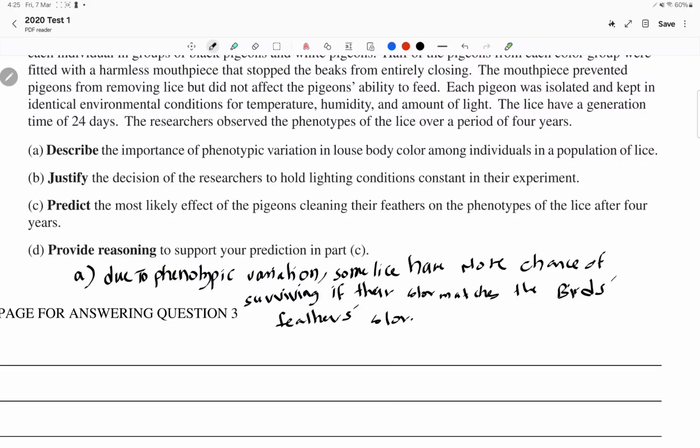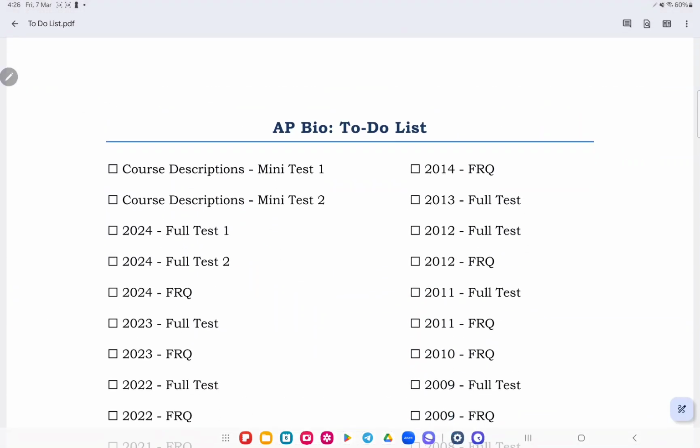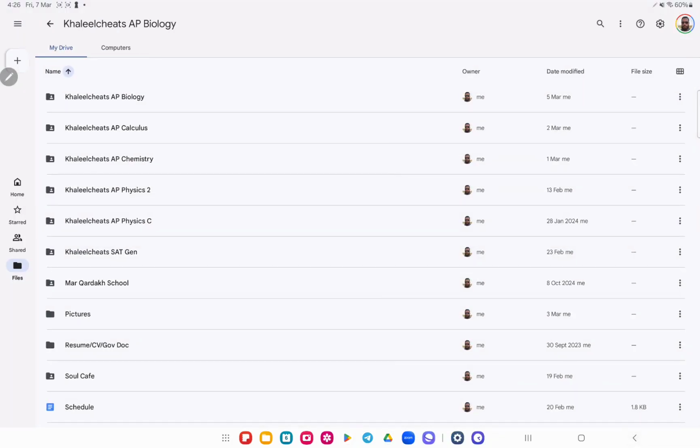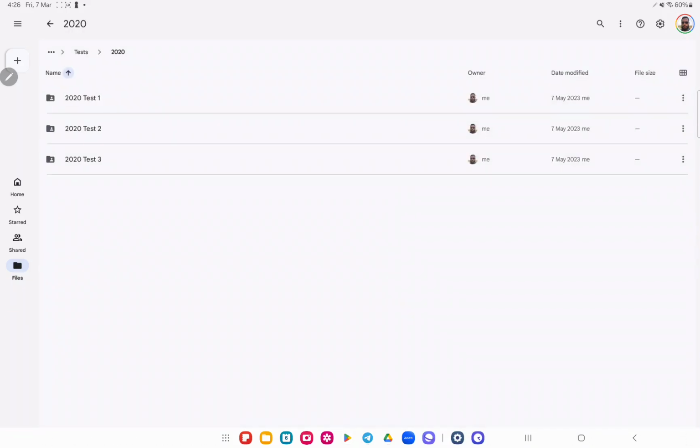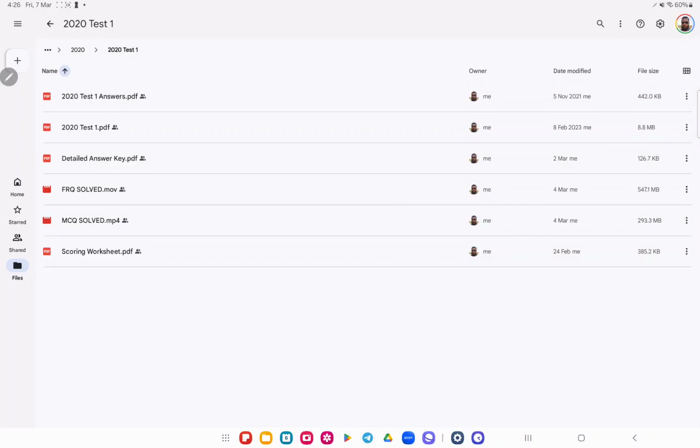But Mr., one thing I found very confusing: you don't mark the recordings of the practice. Like you don't say, oh, we're doing practice 2020 in this recording. Oh, I put it next to the file. Meaning? For example, if you go to test 2020, which we're doing right now, I put MCQ solved right next to it.